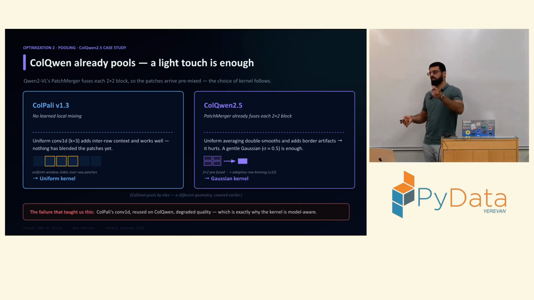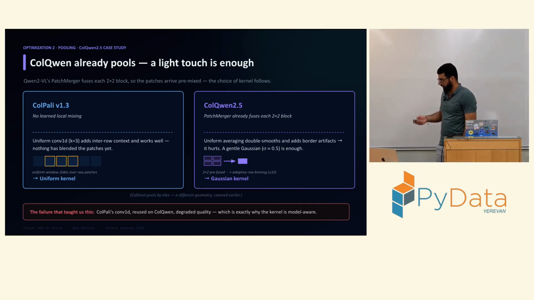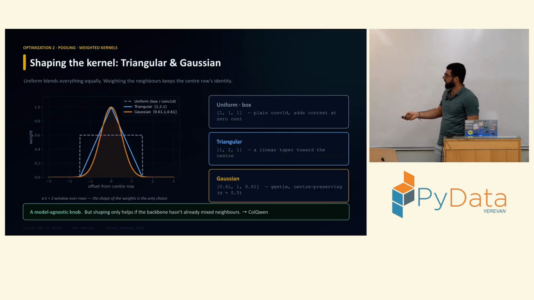So it means you will perform average over average, which kind of messes up everything, doesn't make sense at all. So that's why for ColQwen, we didn't do the regular average, but we emphasized the central row within this average group, where during this triangular, the central one has more weight than the neighboring ones.